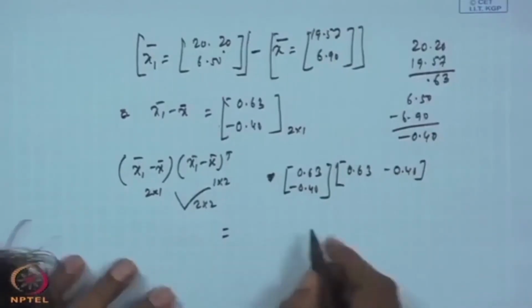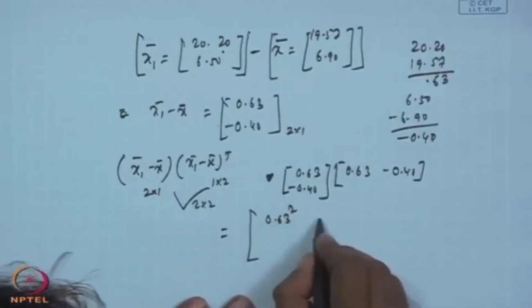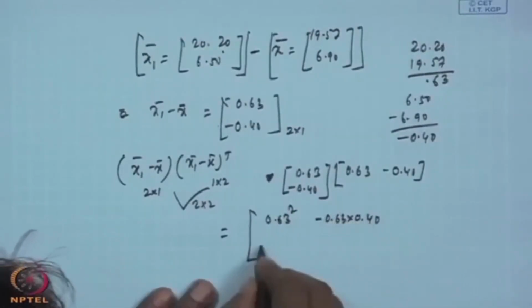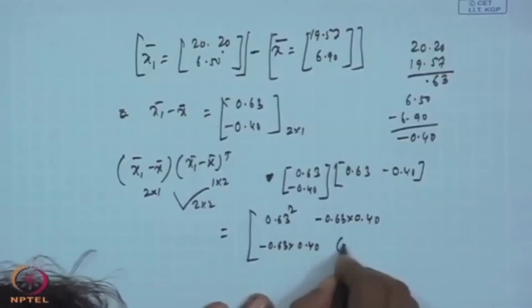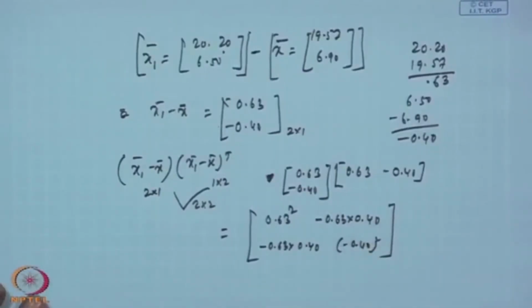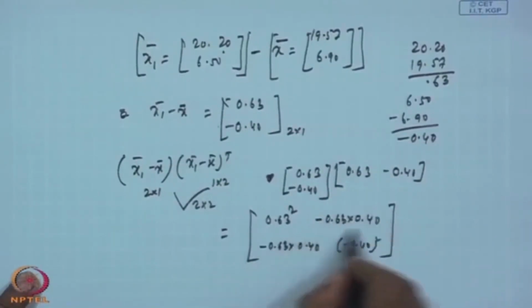The resultant matrix will be 0.63 square, minus 0.63 into 0.40, minus 0.63 into 0.40, then 0.40 square. Okay, please see that this is a square matrix, 2 cross 2, and symmetric, because this portion here is equal to this.